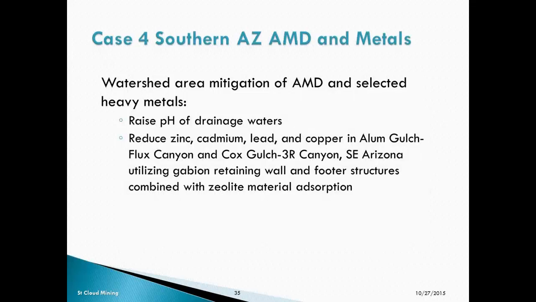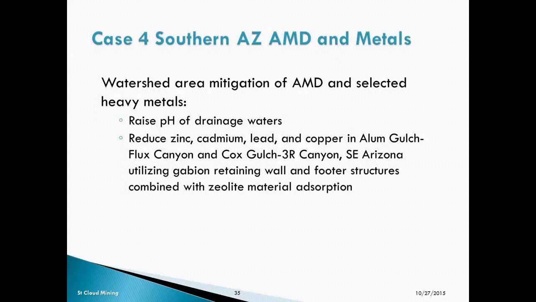We had originally gone to the state of Arizona on a request for proposal and said, look, we want to treat these sites. Here's the problems. There's high pH in the drainage waters. We need or low pH in the drainage waters. We need to raise it, and then we need to get the different types of metals out of the zeolites, and here's the plan that we have to get these things out.